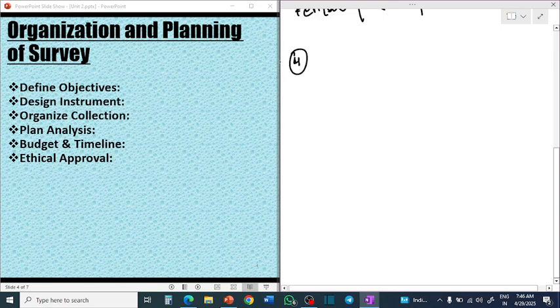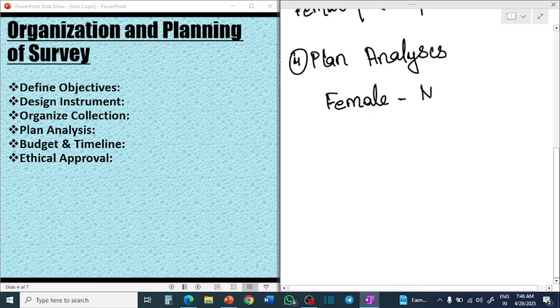Fourth is plan analysis. So in plan analysis, what we do is understand how to measure the data. Suppose we have the data of females, the number of females in a particular state.